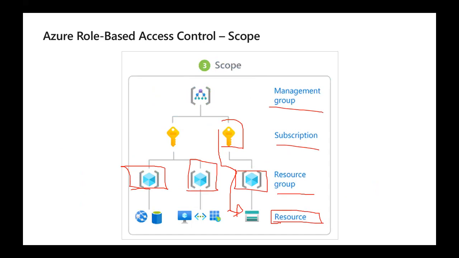So the scopes are structured in a parent-child relationship. You can see right here, this is going to be our parent, and the following ones are going to be the child. So we can assign the roles at any of these different levels or scopes, right, guys?